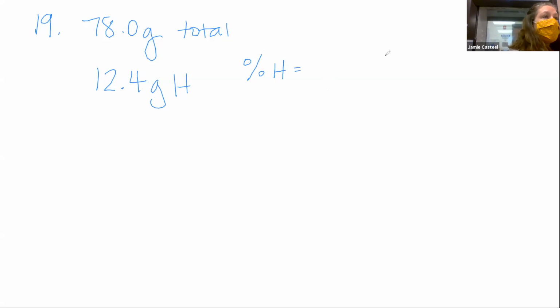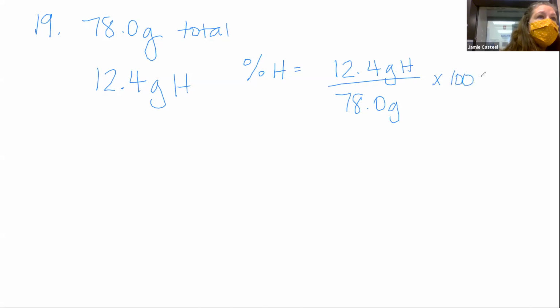So which of these numbers will I put? 12.4 grams of hydrogen out of, what's the total mass? 78.0 grams. I don't know what the compound is, so I'm just going to leave it grams, okay? And then we multiply that by what? 100.